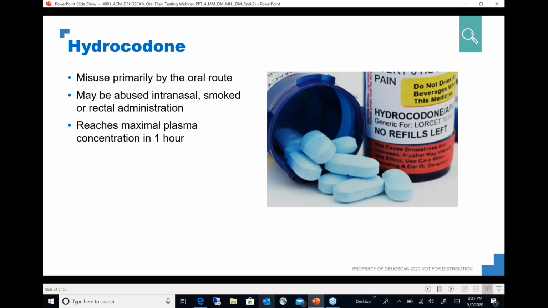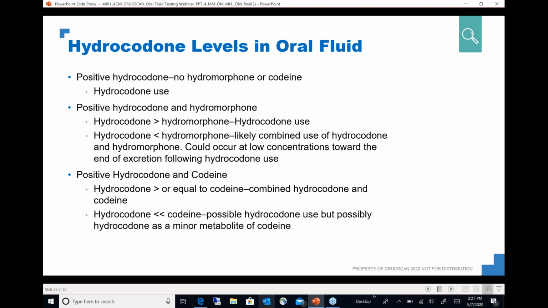Hydrocodone, primarily misused by the oral route, may be abused though, or used intranasally, smoked, or rectally. Reaches a plasma maximum in approximately 1 hour. Hydrocodone levels in oral fluid. Positive hydrocodone with no hydromorphone or codeine means the individual used hydrocodone.